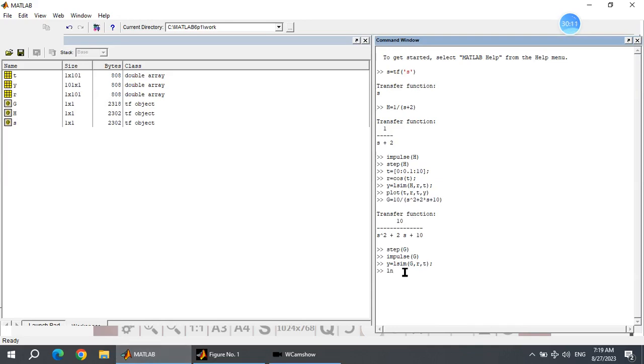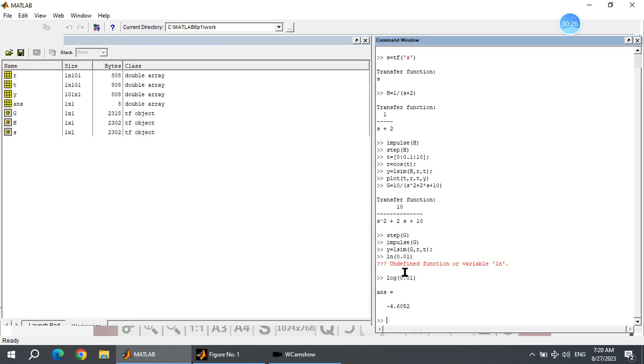Log of 0.01. Yeah, 4.6, not 0.46. 4.6. So we just use 4.6. That will be fine.